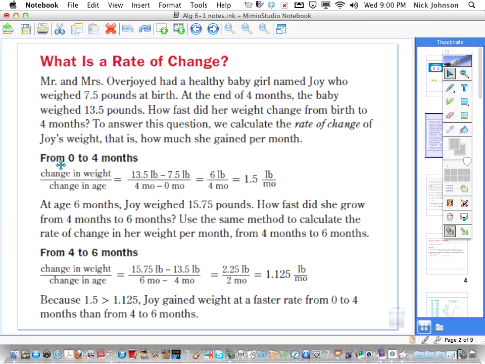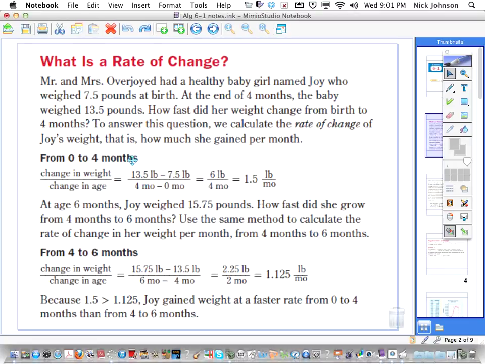So if we look at from 0 to 4 months, what we're going to calculate is the change in weight divided by the change in age. Okay? If you notice, they start with the 4-month weight.